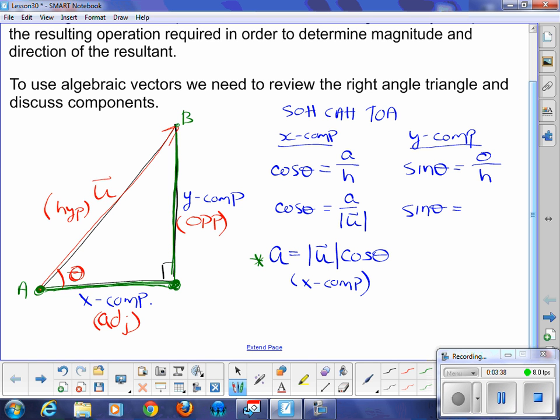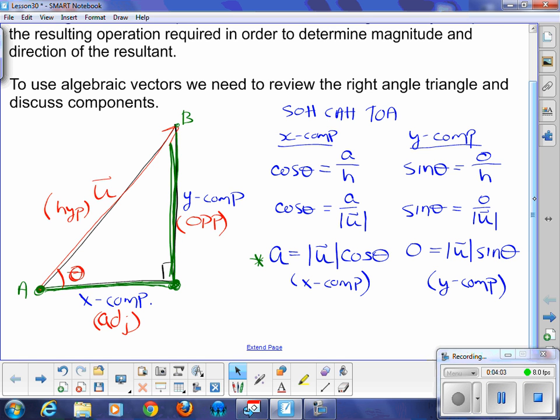So sine theta equals opposite, which I'll leave as O, over the hypotenuse, which is again how big that vector is. So the opposite equals the magnitude of u sine theta, and that's our y component. That tells me how far up the y-axis I have to travel.